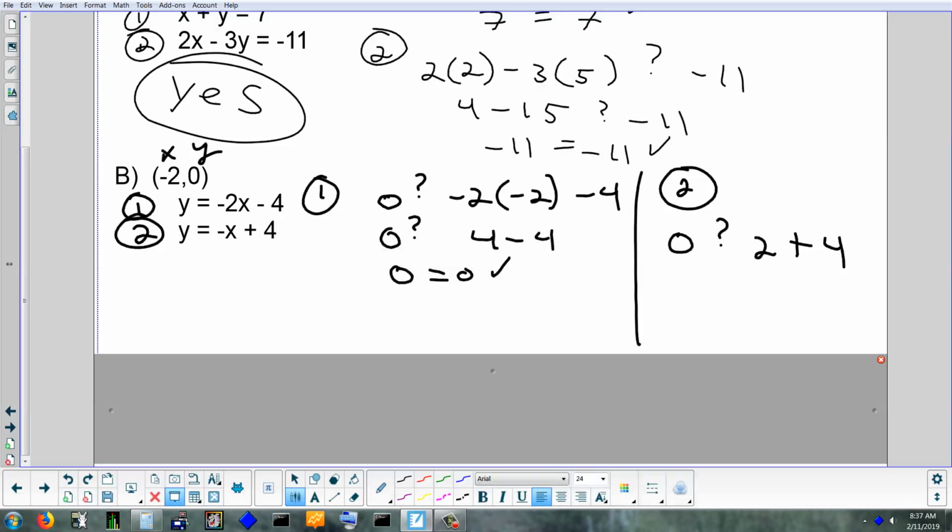What's 2 plus 4? 6. No. 0 does not equal 6. So the answer here, is that a solution? No. It didn't work in both, so we're good.